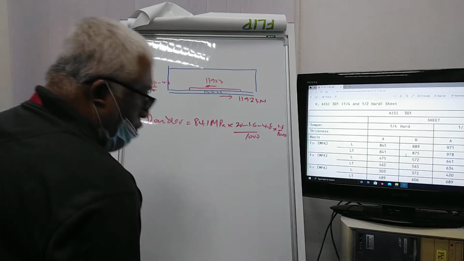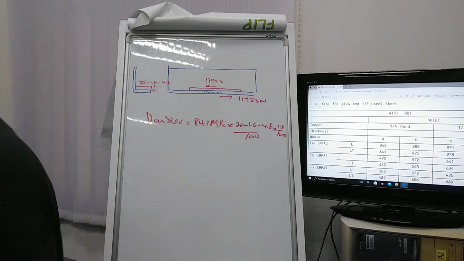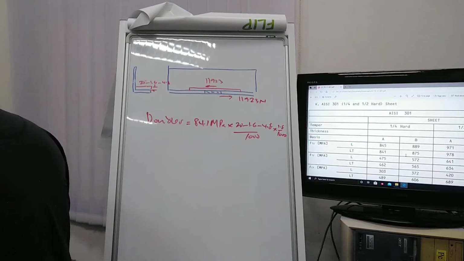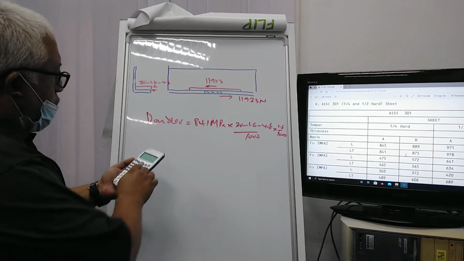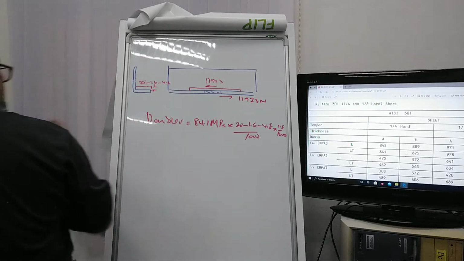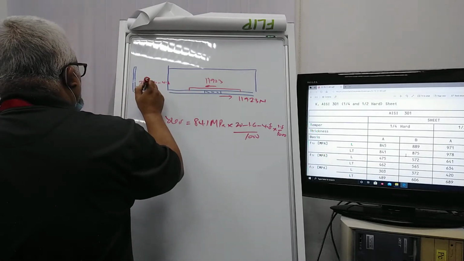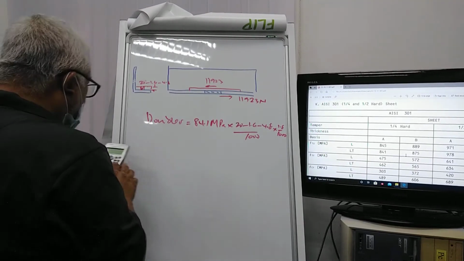So what will be the load actually after we consider the hole loss due to the fastener, which is 4.8 mm?